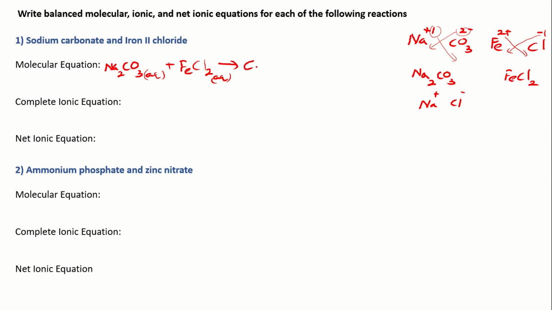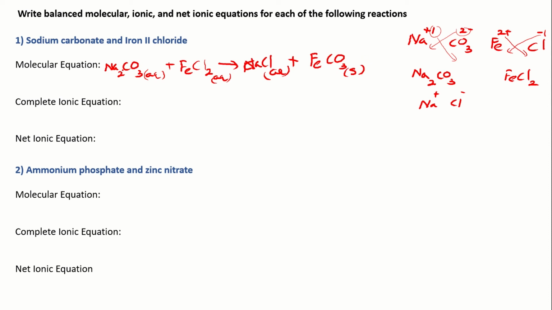So what you get is sodium chloride, and you know it's soluble in water. Pairing up iron with carbonate, do the same thing, you will get iron carbonate. Now carbonate, you know from solubility rules, it is usually not water soluble. So it is going to be in solid form.